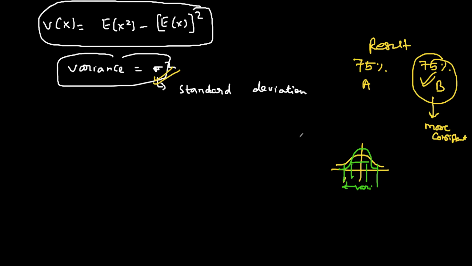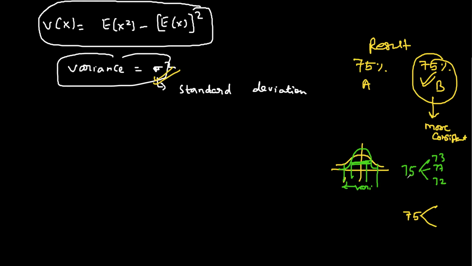Variance means this person is very close to 75 marks. Let's suppose the green person is getting 73, 77, 72, okay? And the yellow person is also getting 75 marks on average, but is more spread. Higher spread means its data is spread out.